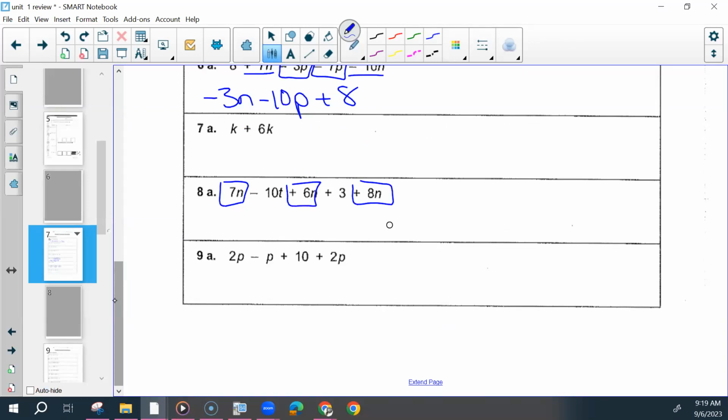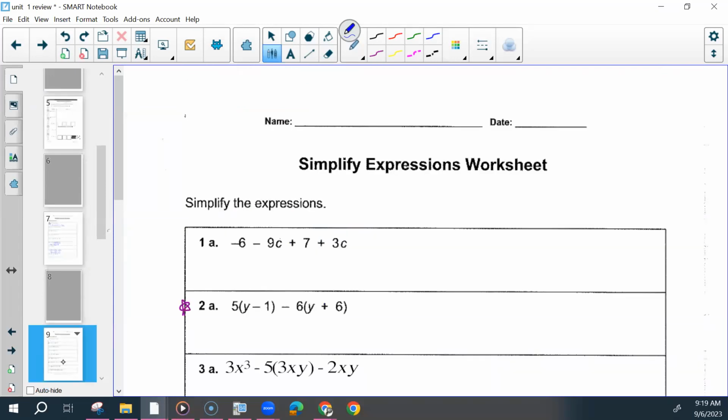So combine these, what would we get? 21n. 21n and bring down -10t and then bring down the +3. Next page. Any questions on this page?